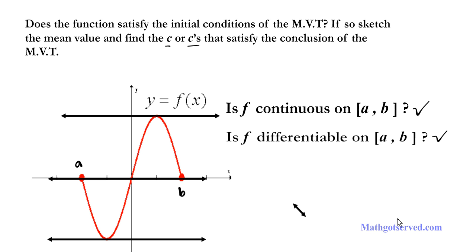So what are the 2 C's? We can just simply trace it down right here. Let's call this the first C and that the second C. Okay, so this is C1 and this is C2. So these are the 2 C's that satisfy the conclusion of the MVT.